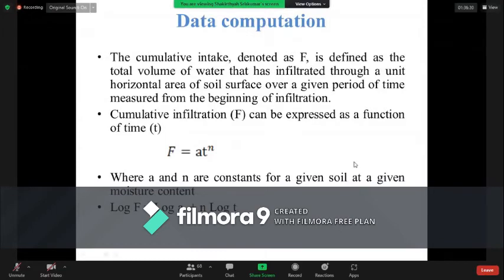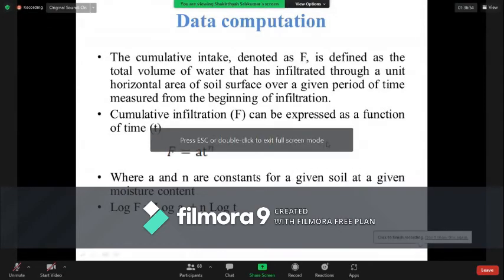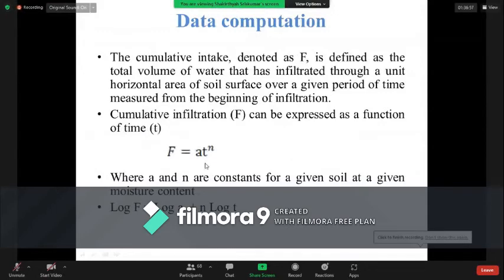For easiness, you can convert it into log values by taking log on both sides. So log F is equal to log A plus n log t. So this is a normal linear function, of the type y equals mx plus c.